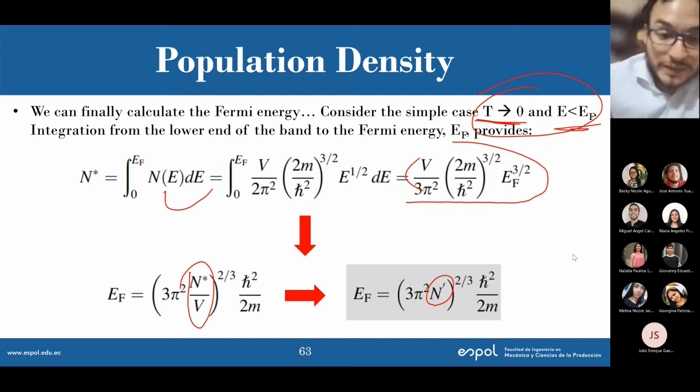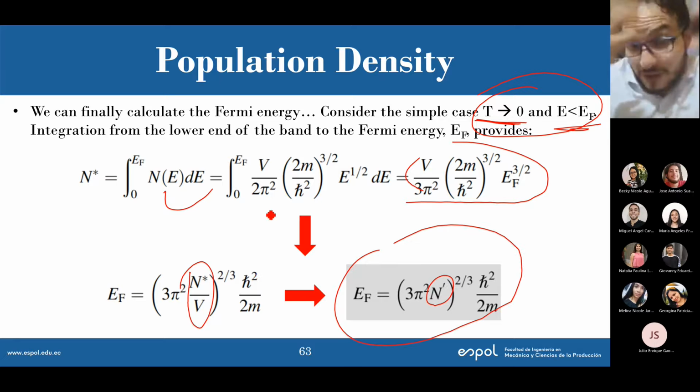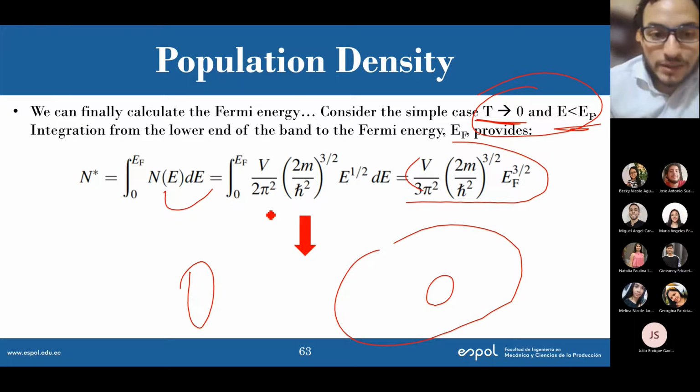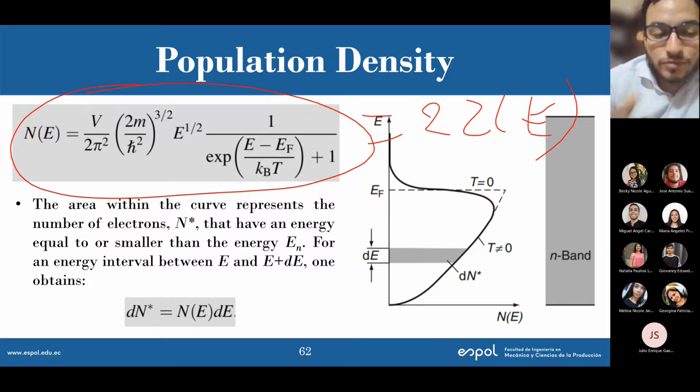This is actually the equation for the Fermi energy, and even though it might look quite simple, as I said, it doesn't limit the applicability of this equation. Because if you think about it, the number of electrons doesn't change with temperature. You see, this doesn't depend on temperature. The term that depends on temperature is this term, right?